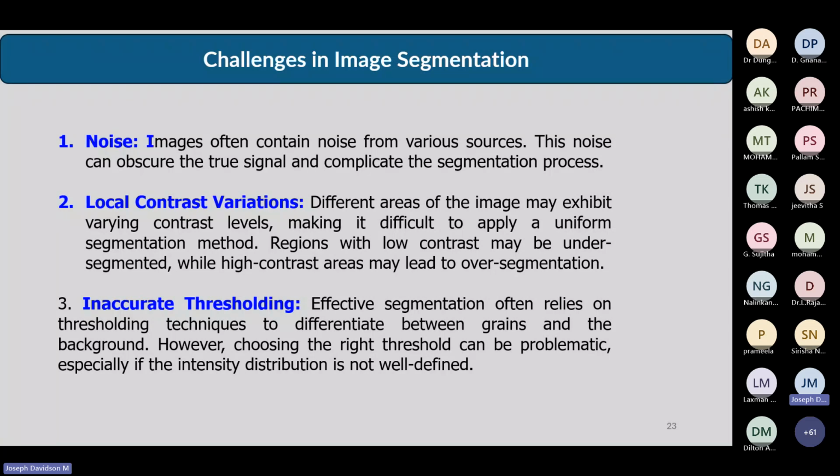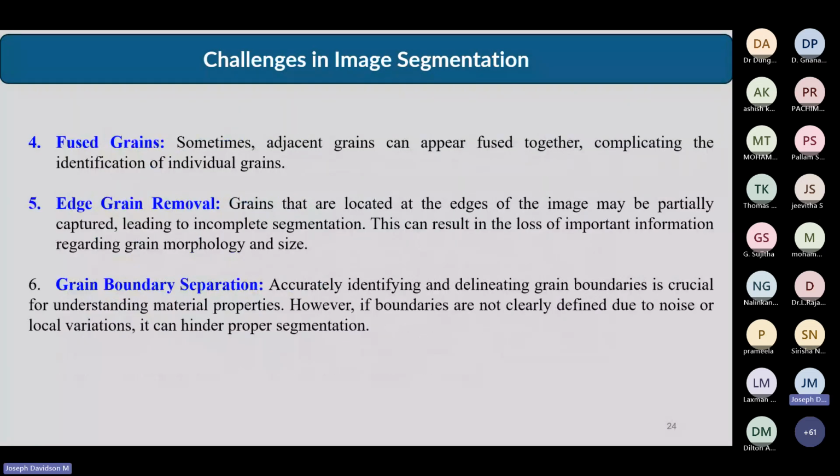Another important thing is thresholding. As I said, in an image there is a grain and there is a background, non-grain, right? So I have to identify what is a grain and what is not, and that is done based on a threshold. A threshold is an optimal parameter which says beyond this you can do some treatment, and below that you cannot. That is called thresholding.